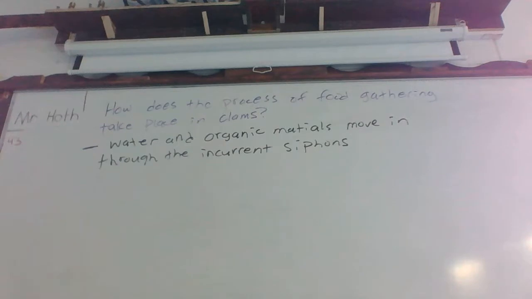So once this has happened, it's going to be flowing over what structure? When you did those dissections, what was the easiest thing to see inside the clam? That's right. Okay.